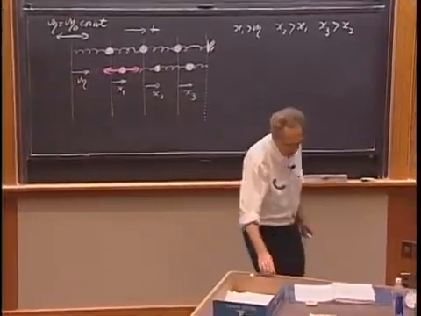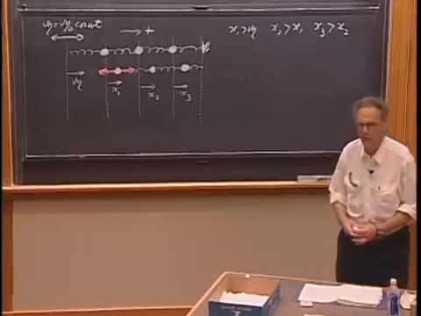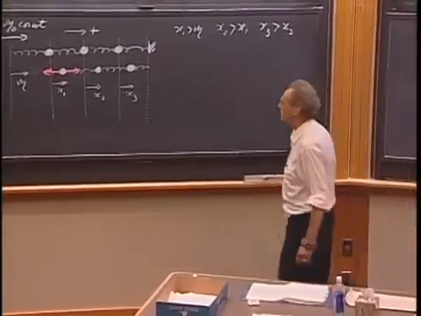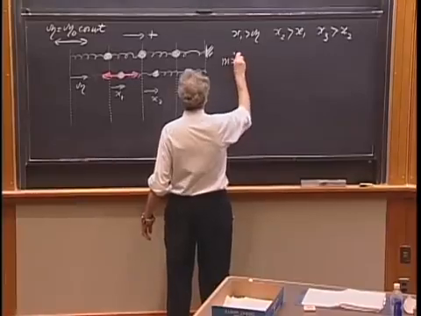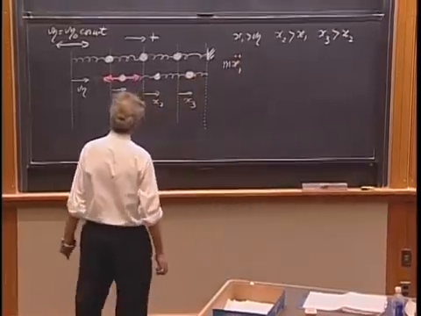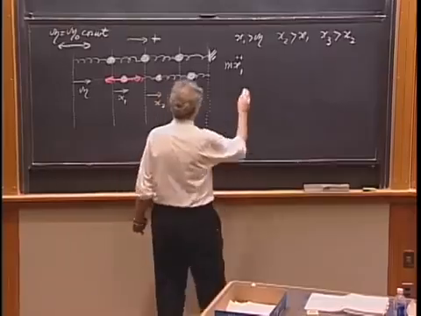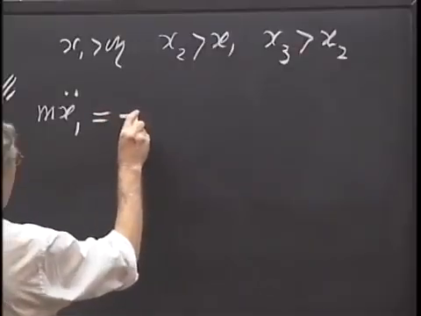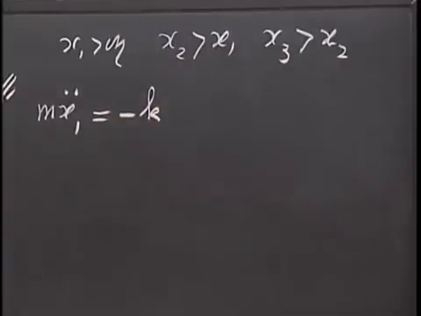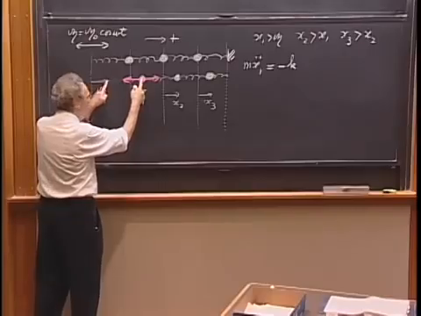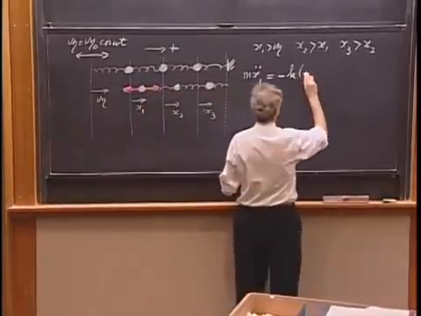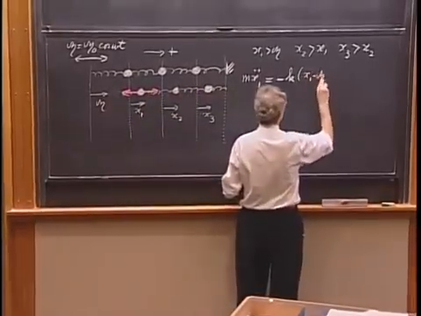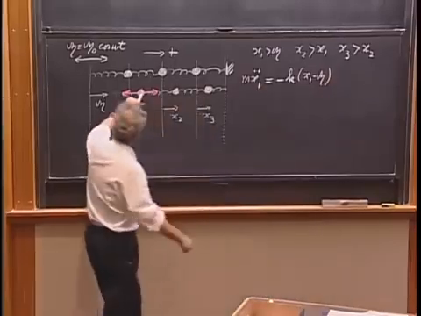And so I can write down now the differential equation for my first object. So that's going to be m x1 double dot equals minus k times x1 minus eta, because that's the amount by which it is longer than it wants to be. So times x1 minus eta, that is this force.